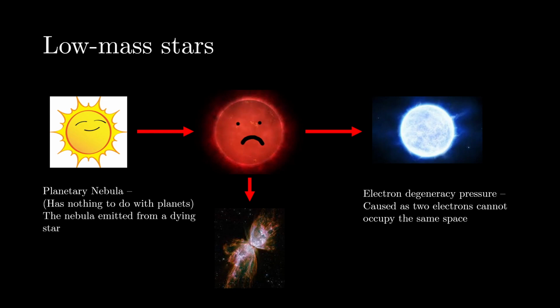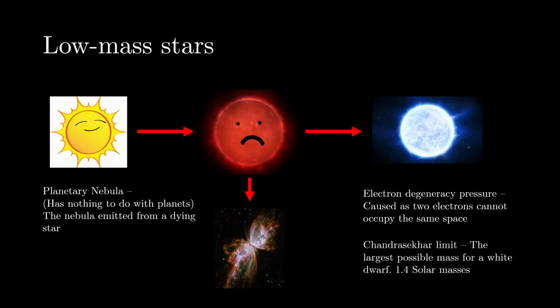And this is in the direction of away from the core, because gravity is pushing the electrons towards the core. And so these two forces balance out, causing the star to be stable. So that's the reason why the star doesn't collapse under itself. And another thing you need to know about white dwarfs is something called the Chandrasekhar limit.